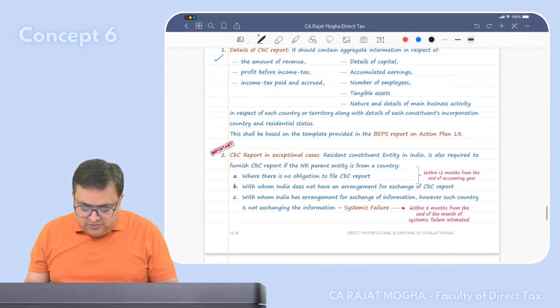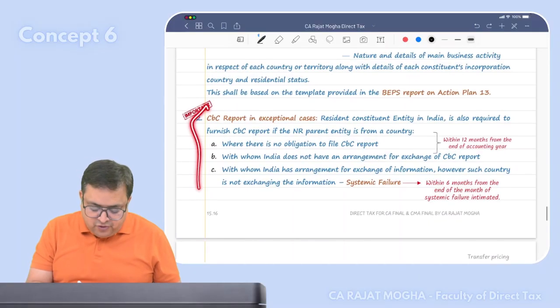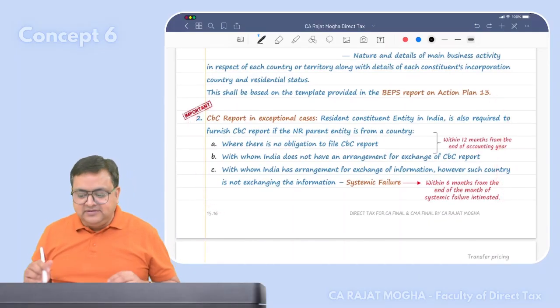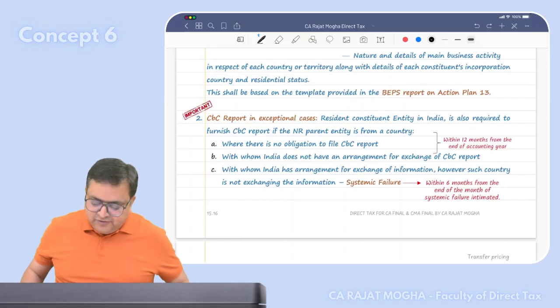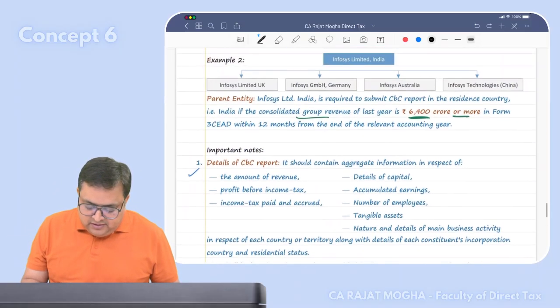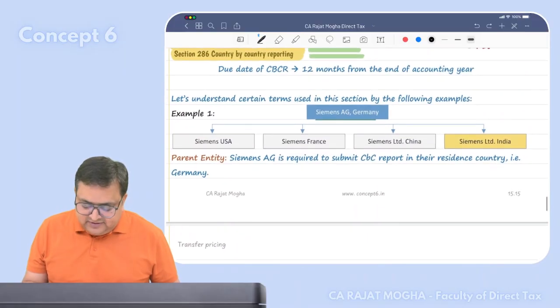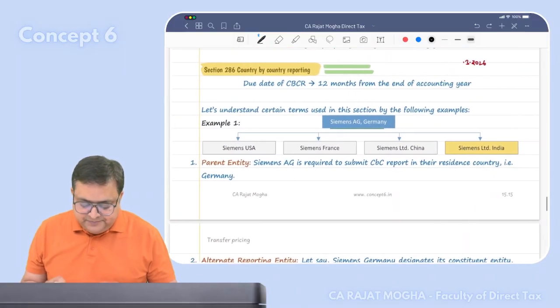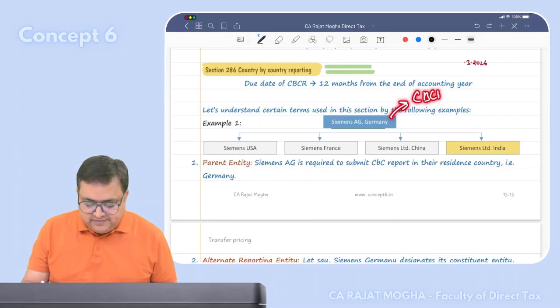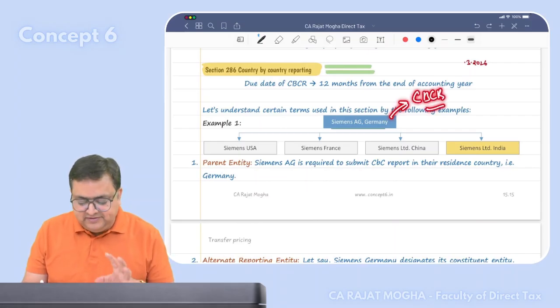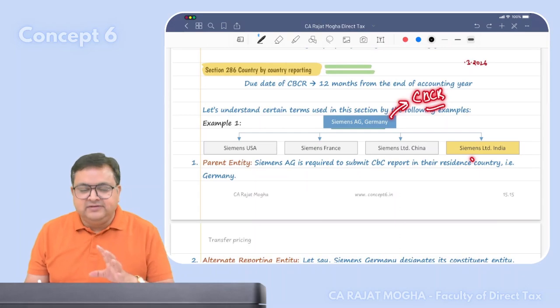Right. Now, this is a little important for the exam. This can come in examination, guys. Let's say, for example, I'm taking this case. Germany is supposed to file CBCR, right? In India, obviously it is required, but if Germany is filing, we'll get it from there.